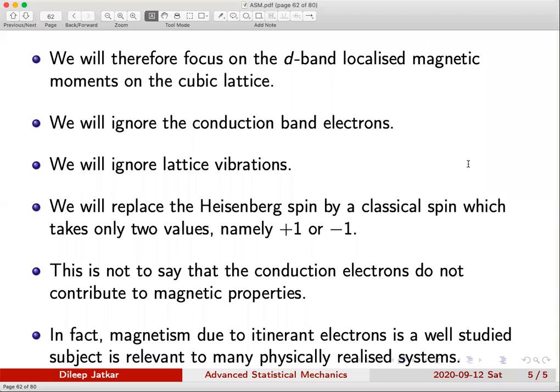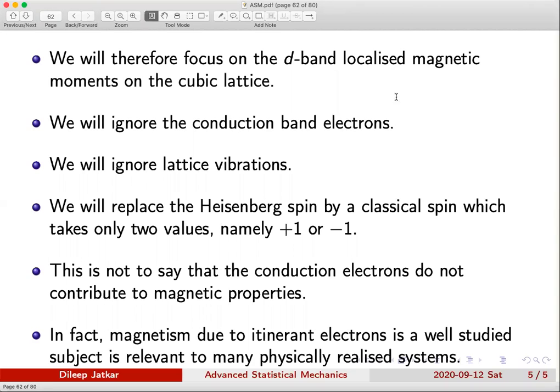Okay, and we wanted to see whether we could write down a model which would describe this particular transition well enough. As I said, that requires us to make drastic simplifications, because iron has many other properties: it's a good conductor, it has resistivity properties and so on, which are of no consequence right now when we are looking at only the magnetic properties.